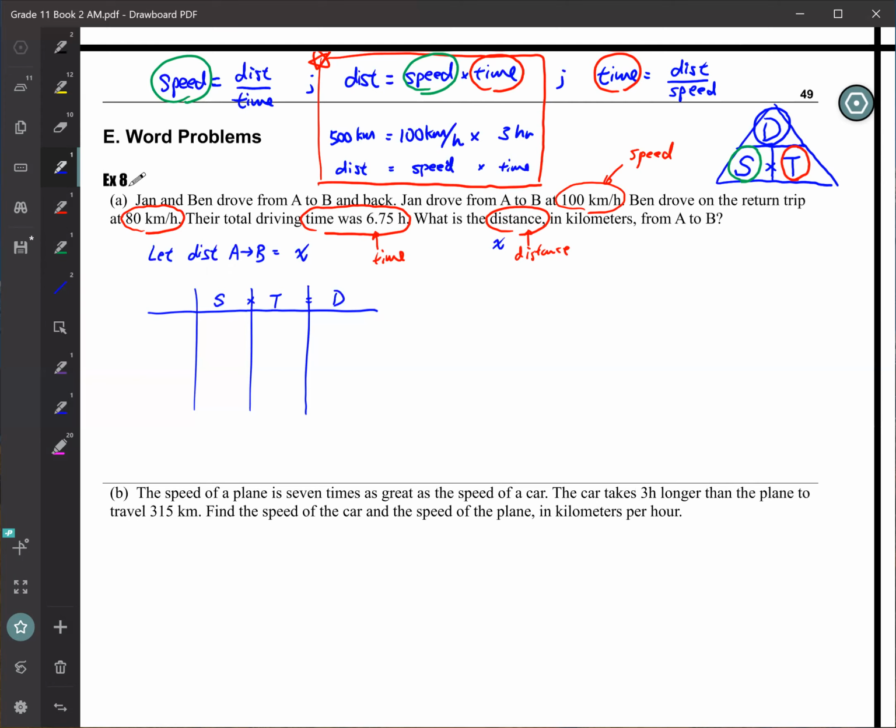And then it mentions going from A to B, and then the return trip of B to A. So that's two scenarios, right? So you will have two rows underneath. One is from A to B, the going part, and the other is the returning.